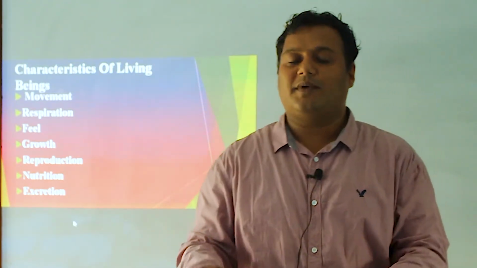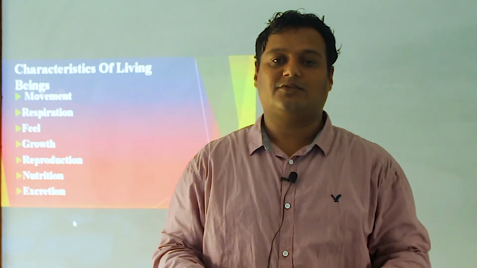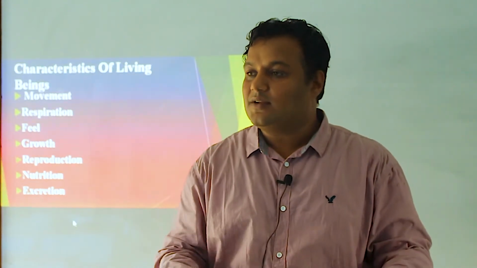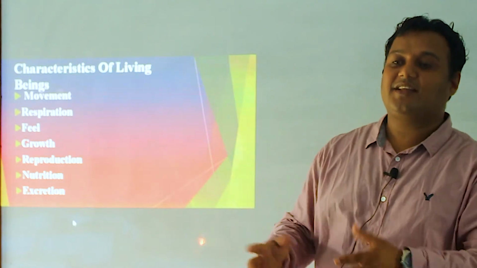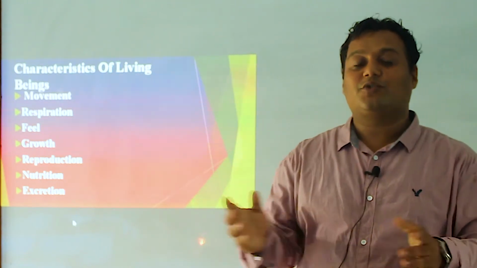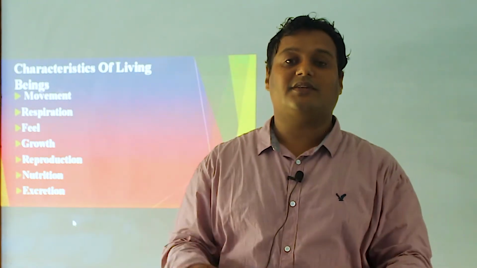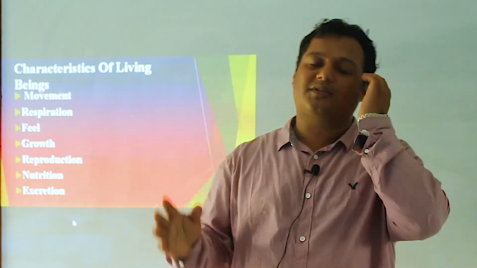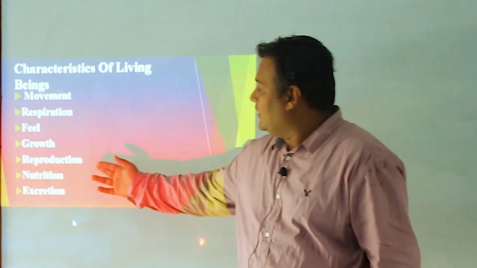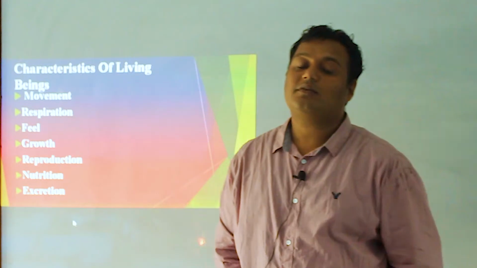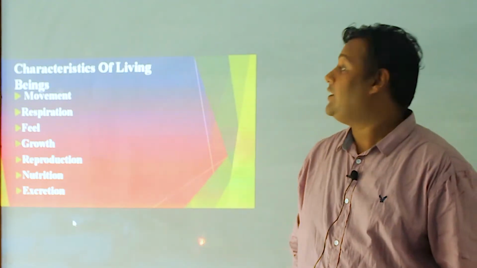The mode may be different. Some animals eat grass. Some people are vegetarian, they eat only plant food. Some are non-veg, they eat meat. Some eat both of them, they are omnivorous. There are different modes. How do animals generally get food? Animals are living beings.